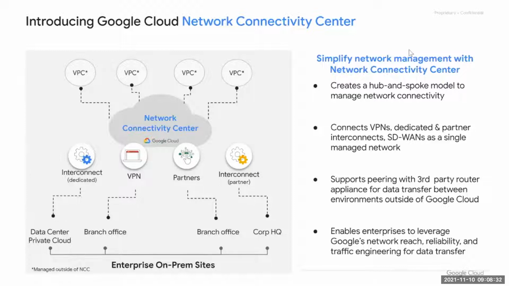But NCC fundamentally creates a single vantage point and a hub and spoke logical model for customers to bring in their various networks, representing them as spokes, whether they're connected physically with our partner and dedicated interconnect products for typically large scale, high bandwidth connectivity, or whether it's VPN connectivity over the internet to things like branch offices, etc. We also open and extend that to bring in and extend the benefits of various partner solutions into GCP, treating them all as part of the same ecosystem, leveraging the best of Google's infrastructure.